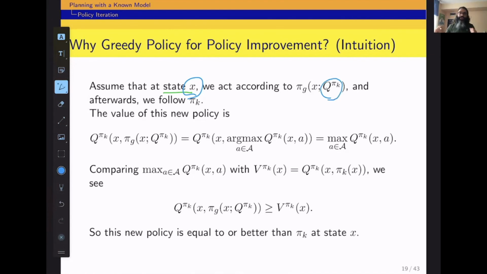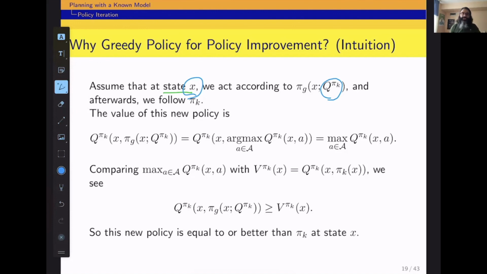So we have q of pi k, we computed it, we compute the greedy policy, and then we just do it for one step. After that, we follow pi k. So one step greedy, and at the second, third, and fourth steps, we follow the previous policy.